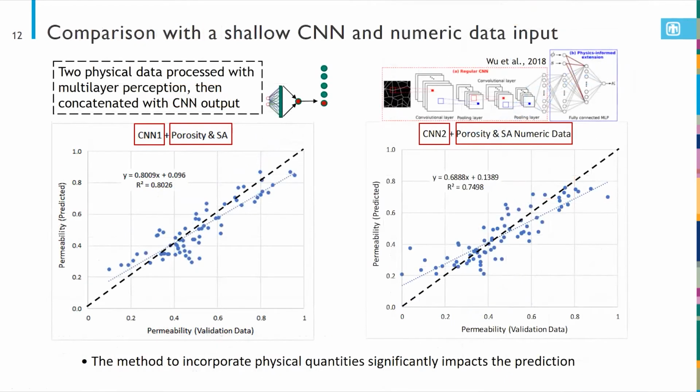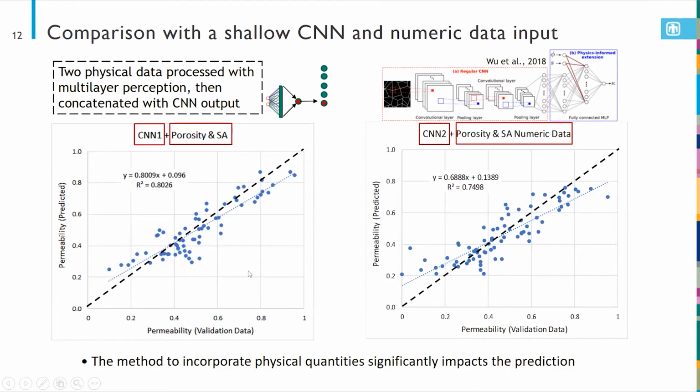And we also compare different convolutional neural network architectures. We compare ours with some architectures published in Wu et al. 2018. Obviously, this is 3-year-old literature, so the architecture may not be optimal for this type of data set in particular. But we just compare to see how different types of CNN architecture really impact model performance.